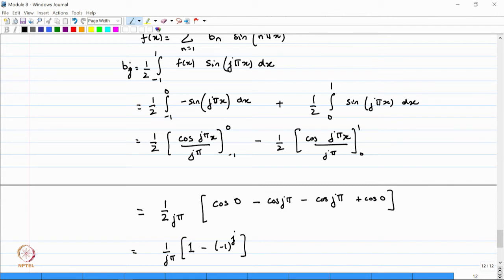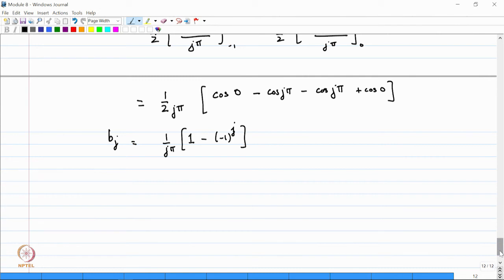So, this is my Fourier series. So, I know my terms. You can check B 1 is equal to 1 by pi times 1 minus 1 raised to 1, which is minus 1. So, 1 plus 1, that is 2. So, B 1 equal to 2 by pi.